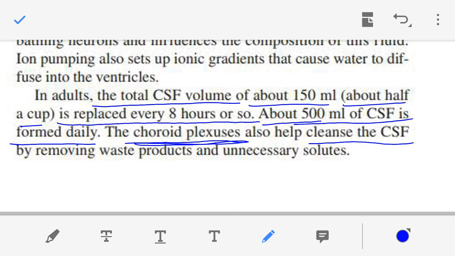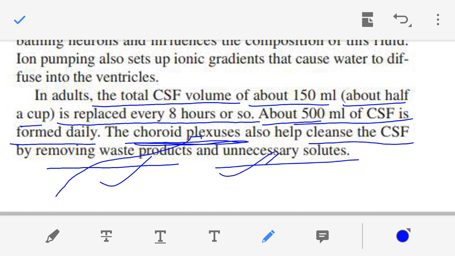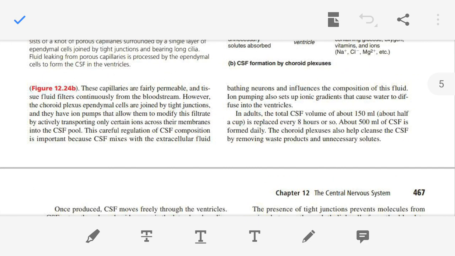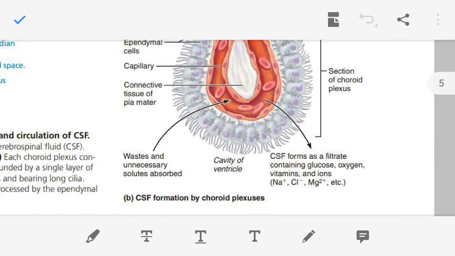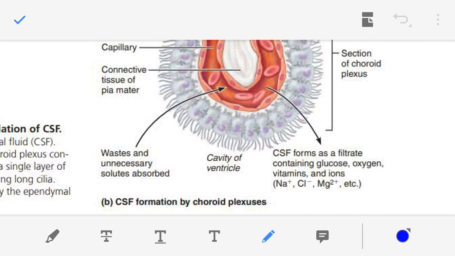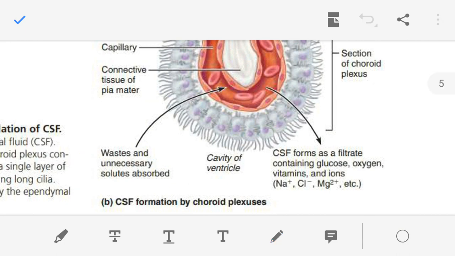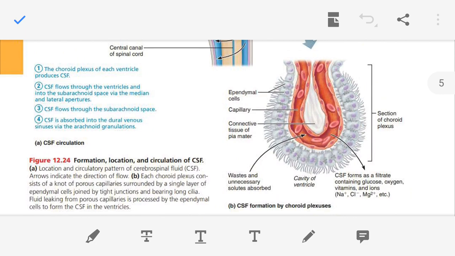It cleans by removing waste products and unnecessary solutes. Unnecessary ions and waste products are removed from CSF, and they enter into the capillary of the choroid plexus. So here you can see from CSF, waste and unnecessary solutes, unnecessary ions, are entering into the capillary of the choroid plexus.